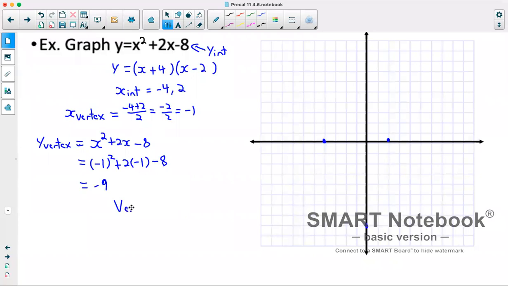So I know my vertex is -1, -9, and I'll plot that. I have my two x-intercepts, my y-intercept, and my vertex, so I have enough to graph my quadratic function.